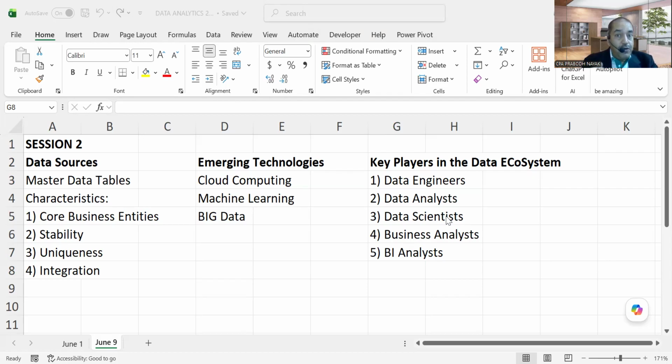So creation of models is not the job of the data analyst. Building machine learning models, deep learning models that train on the past data to create predictive models, that is the role of a data scientist.